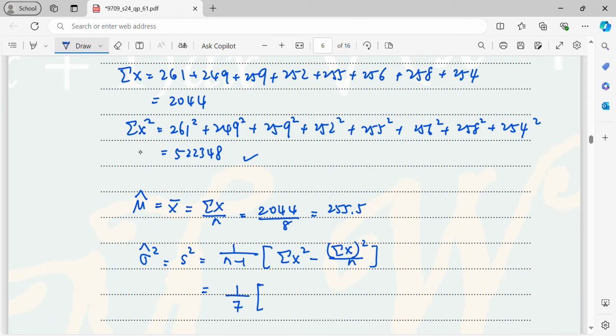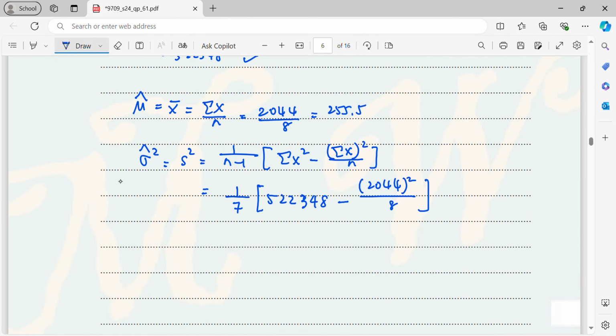Summation x squared already calculated, 522,348. Minus the summation x is 2044, squared, over 8. Then this is going to be 106 over 7. You can leave it in decimal, that is 15.1. So done for the A.